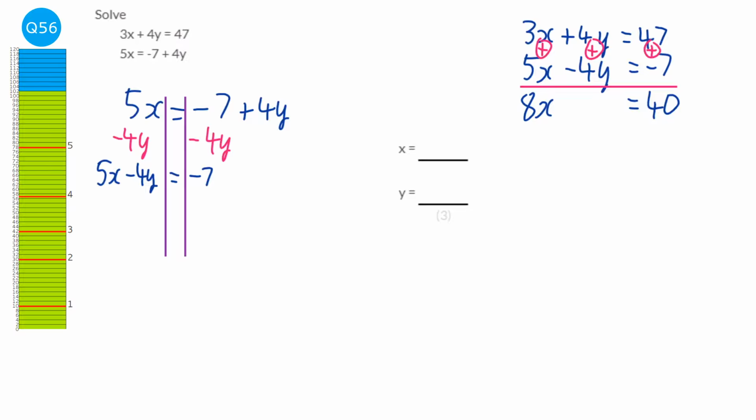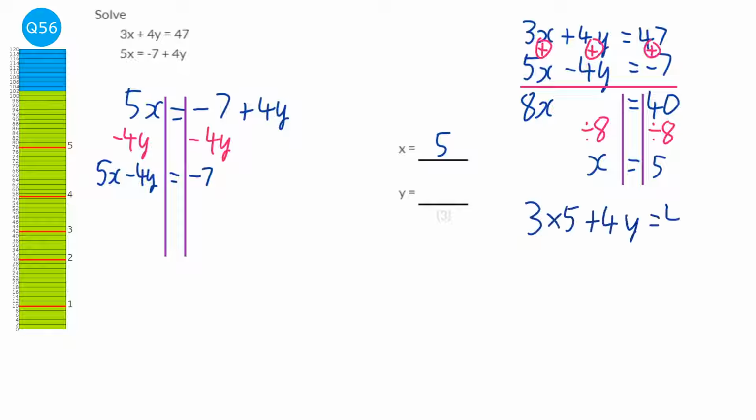All right, let's put our solving lines in. And we're going to divide by 8 both sides. So we get x equals 5. And we're going to substitute that value into one of the equations. I'm going to pick this top one. So instead of 3x, we're doing 3 times 5 plus 4y equals 47.